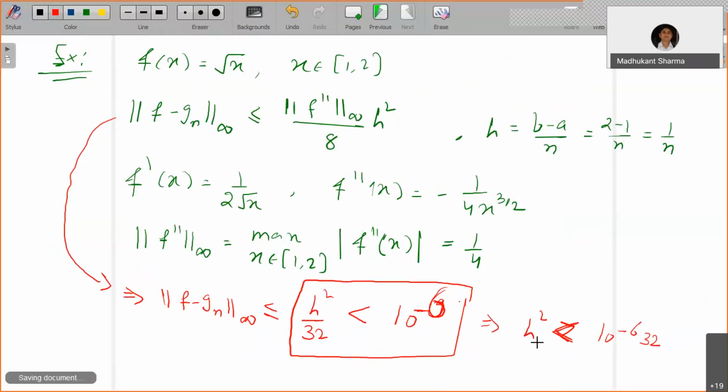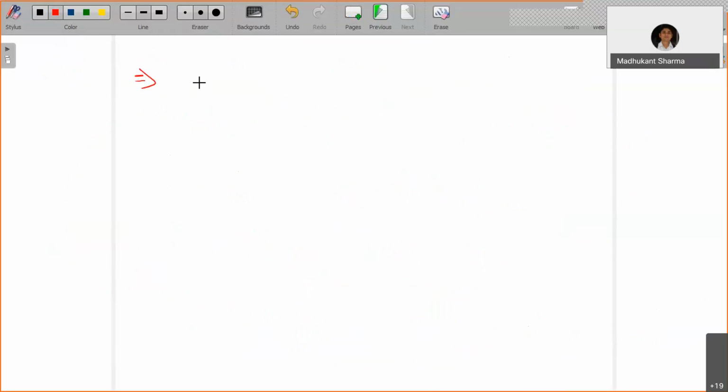Now h is 1 by n, so this implies 1 by n squared is less than 10 to the power minus 6 times 32. So this will be possible provided n squared is greater than 10 to the power 6 by 32. And now if you see the value of n, n equals 200 will work.